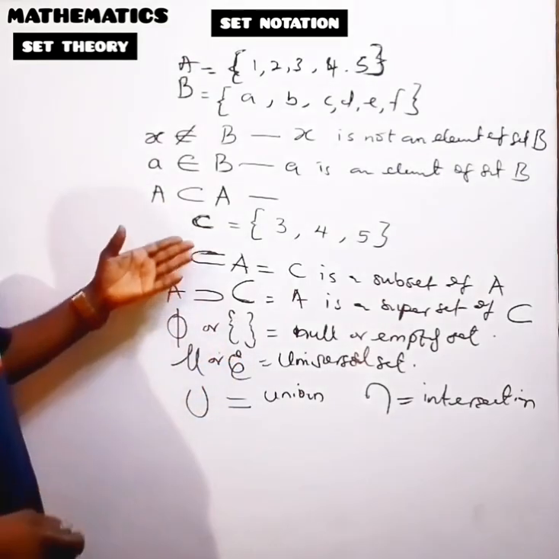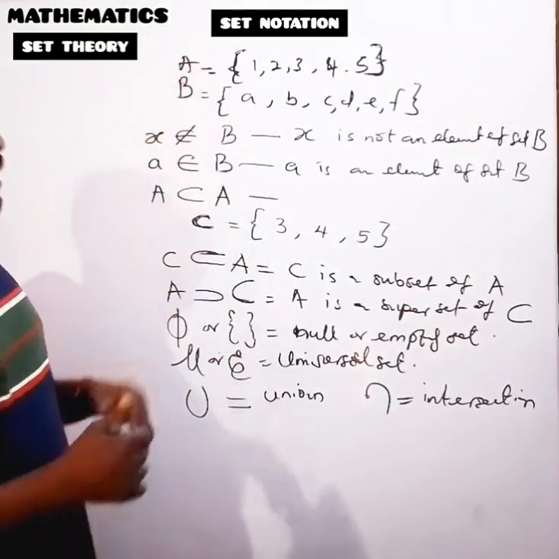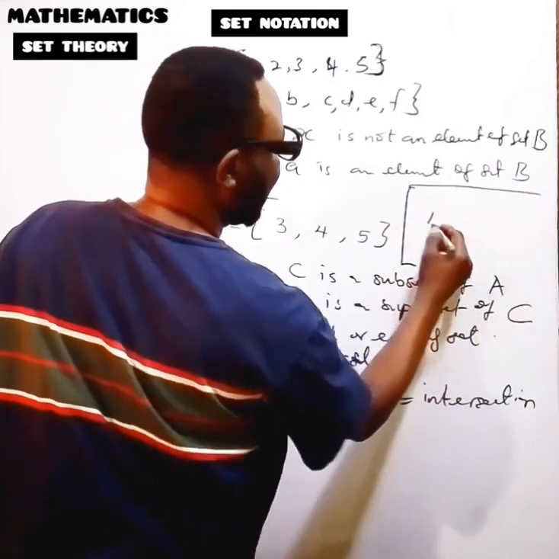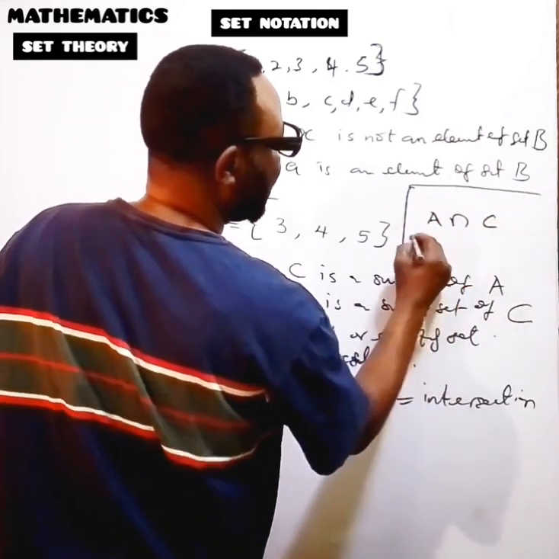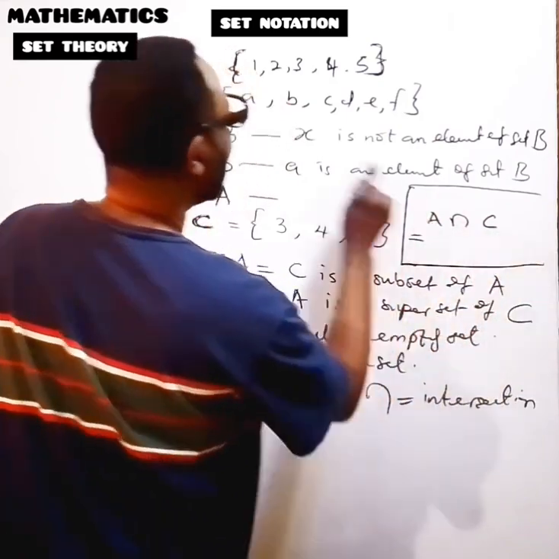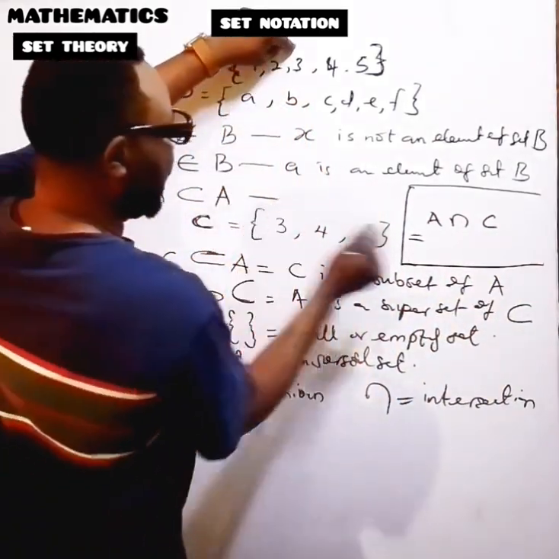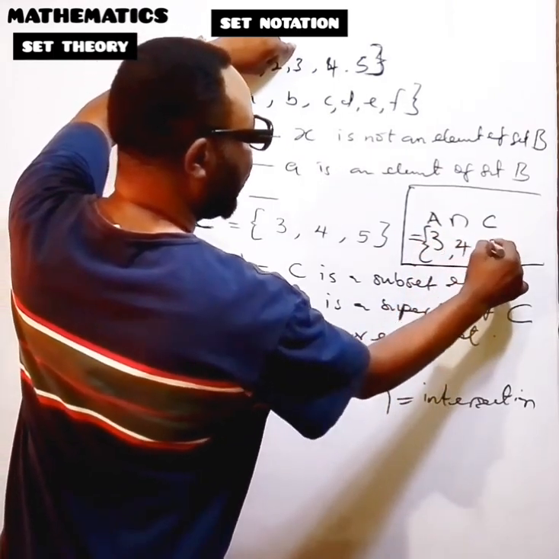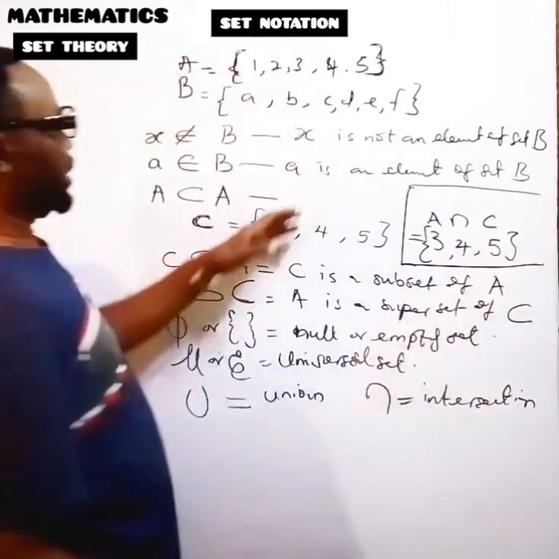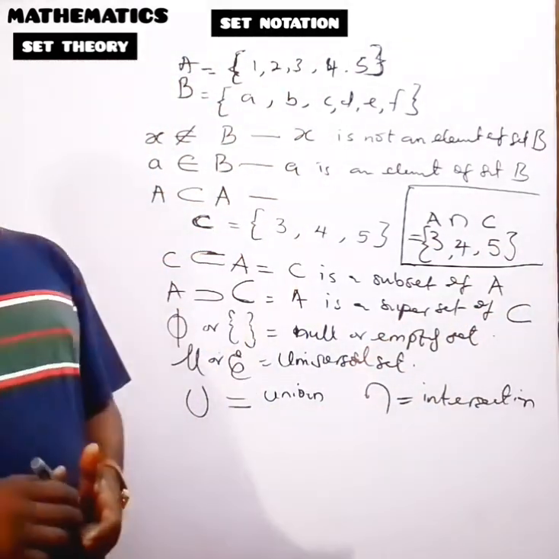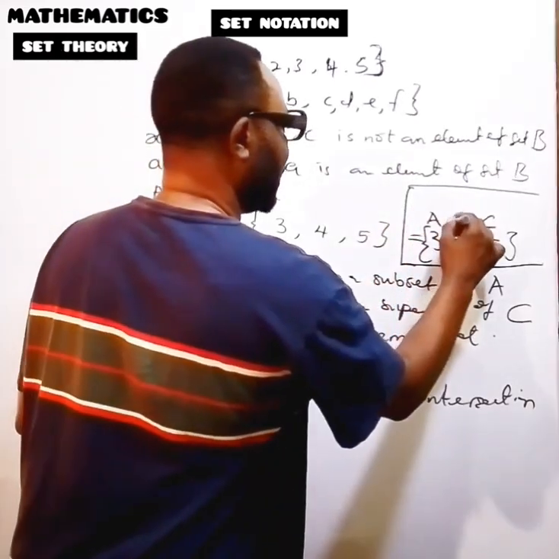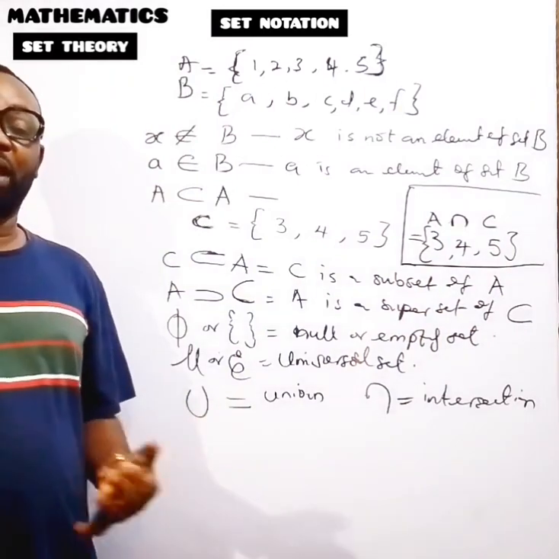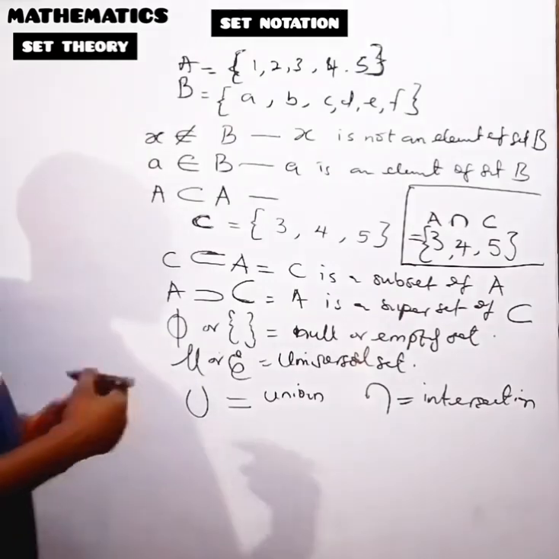For instance, here, if I want to find A intersection C, this would be equal to the values that are common to them: 3, 4, 5. That is A intersection C. You understand what is meant by intersection right now, and we understand what is meant by union as well. Also, what is meant by the complement. You have the symbol of complement of this nature.